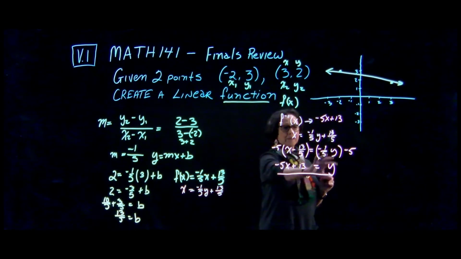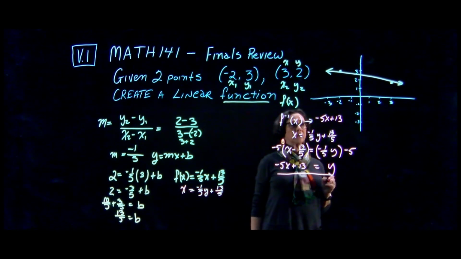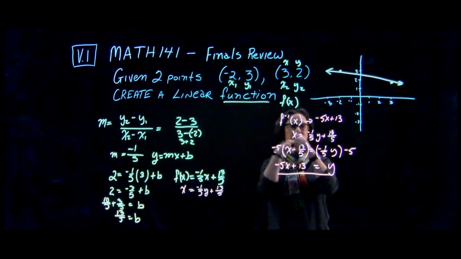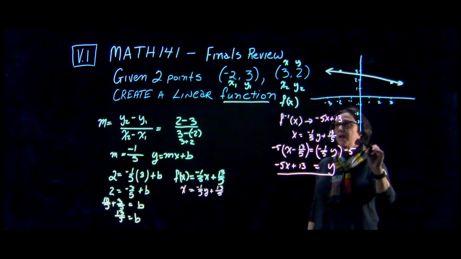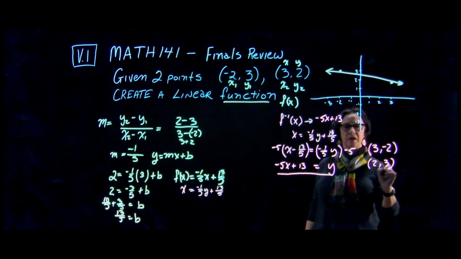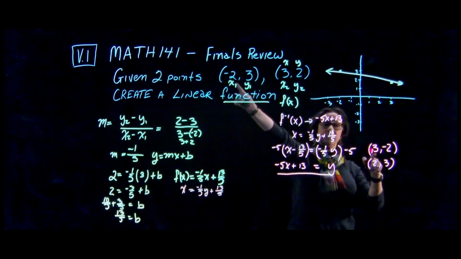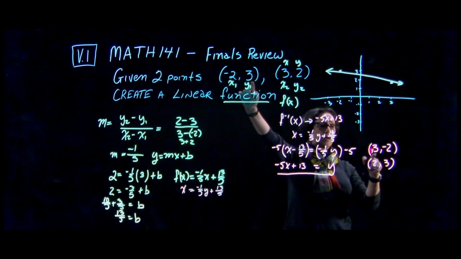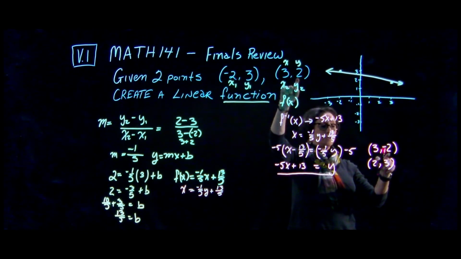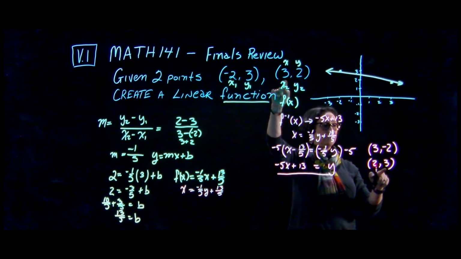To find it on the graph, we would plot the points in the opposite order. Our x's become our y's, and our y's become our x's. So instead of a negative 2 as our x, the 3 is our x, and the negative 2 becomes our y. Here the 2 becomes our x, and the 3 becomes our y.